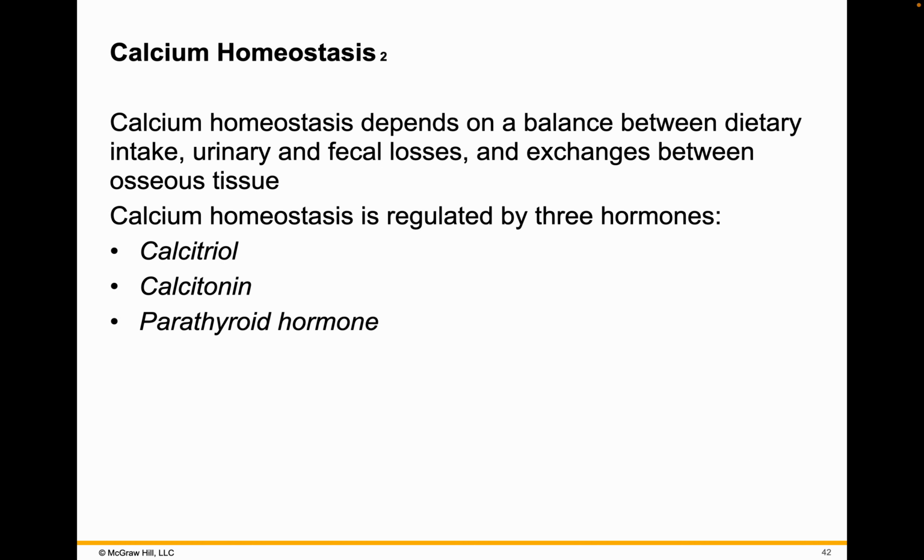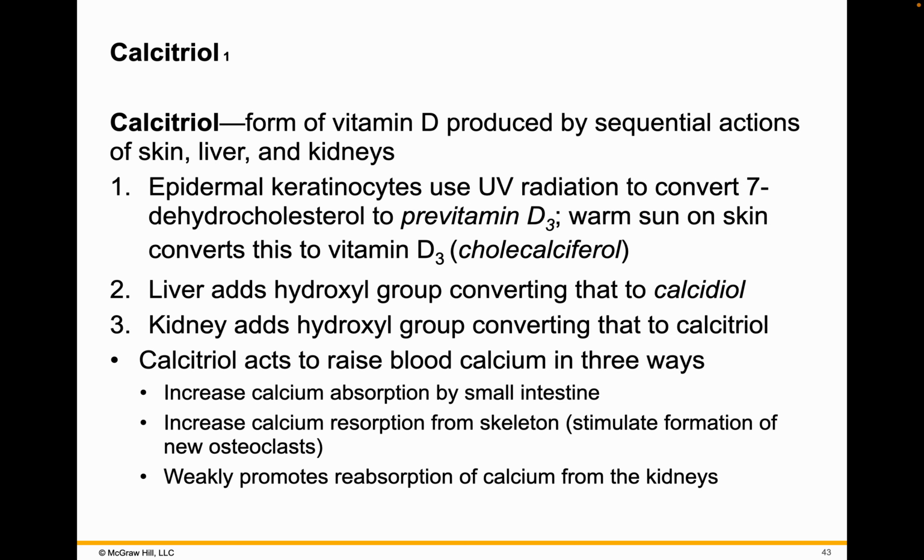Calcium homeostasis depends on a balance between dietary intake, urinary and fecal losses, as well as the exchange with osseous tissue. Calcium homeostasis is regulated by 3 hormones: calcitriol, calcitonin, and parathyroid hormone. Calcitriol is a form of vitamin D that's produced by sequential actions that take place in the skin, liver, and kidneys.